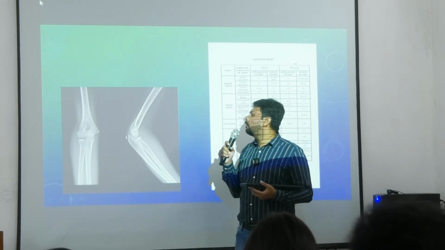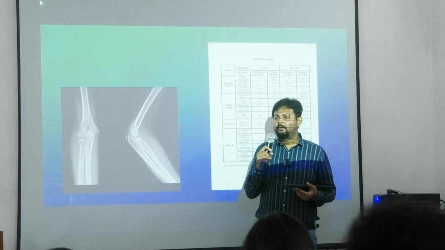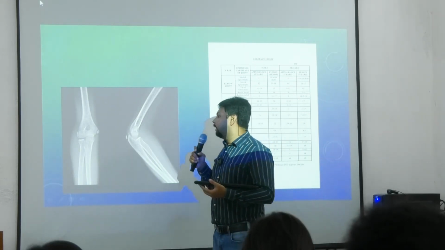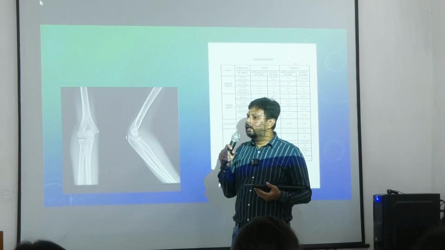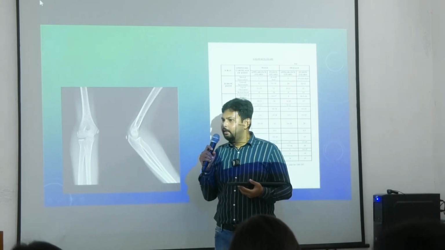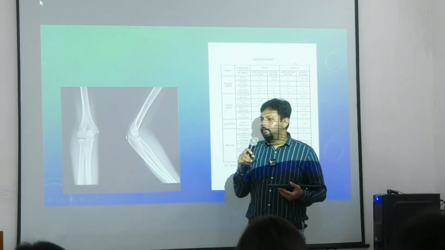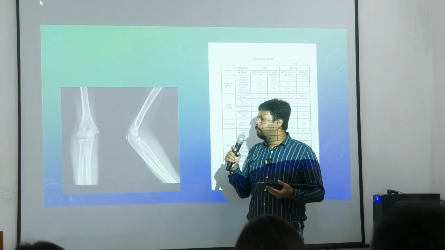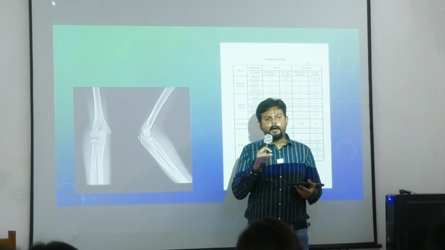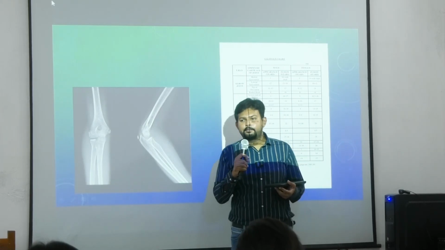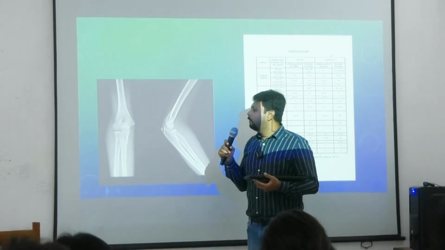Okay, suppose if I flip the X-ray, then can you make it out? No. So if in exam such slides come to you, you will in your answer assume that it is of a female and of right hand. Okay, that will make things easier. Assuming it as female, and that of right hand.